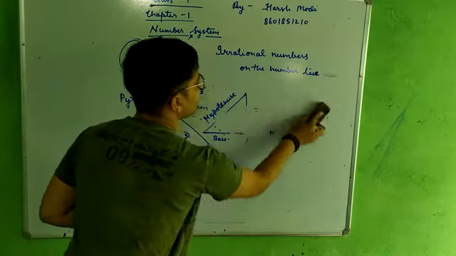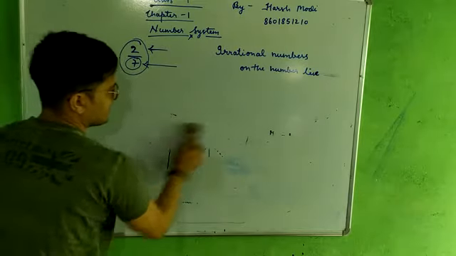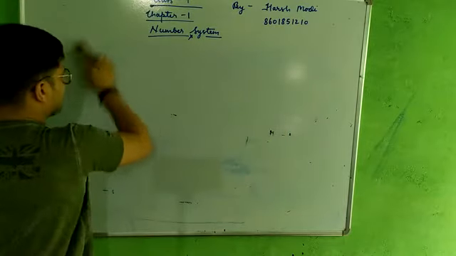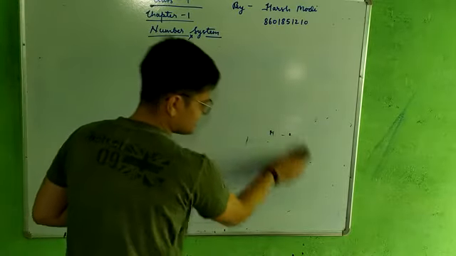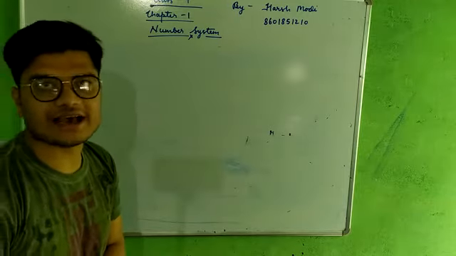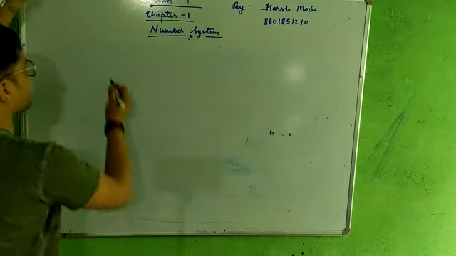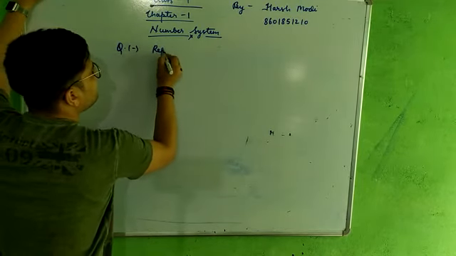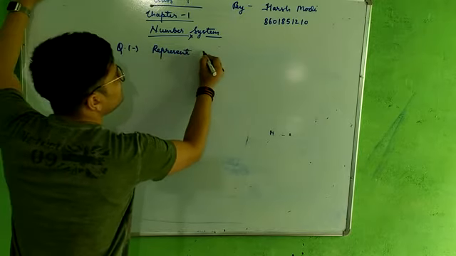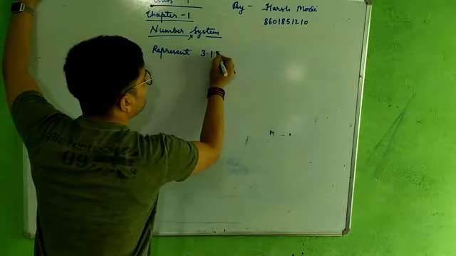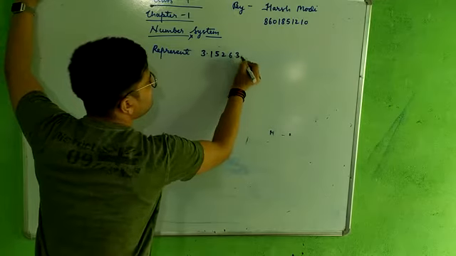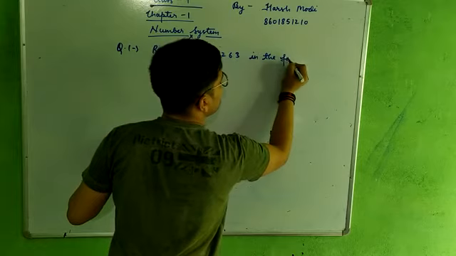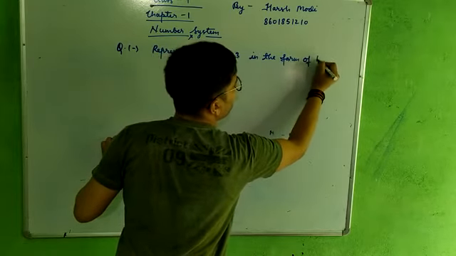Next we have some more sums related to this chapter, exercise 1.2. The first question is: represent 3.15263 in the form of p upon q.